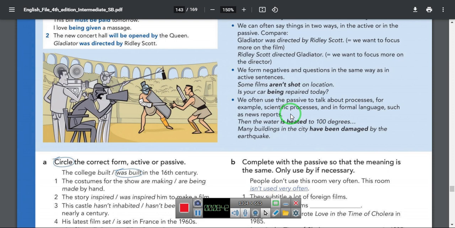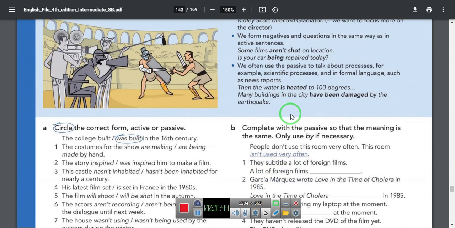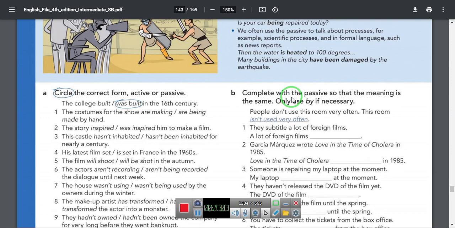Then the water is heated to 100 degrees. Воду нагревают до 100 градусов. Many buildings in the city have been damaged by the earthquake. Очень много зданий было разрушено из-за землетрясения.